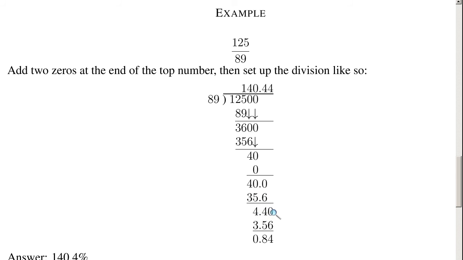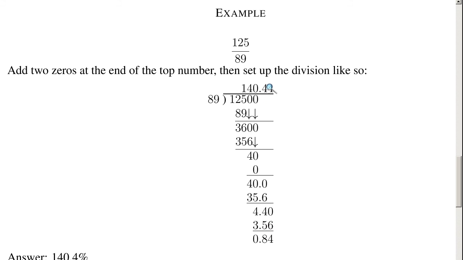Since we're on to the next step, add a 0. How many times does 89 go into 440? Well, let's see. How many times does 8 go into 44? It goes in 5 times. Problem is 89 times 5 gives you 445, I believe. 445 is larger than 440, so we have to use 4 instead. 89 times 4 gives you 356.